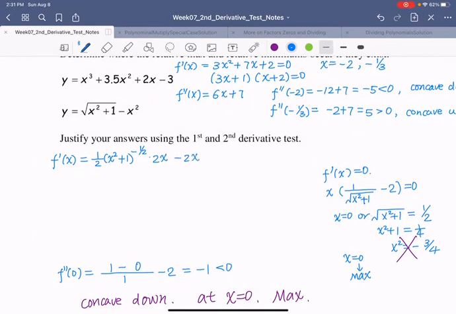This 2 and 2 cancel, so we can rewrite this as x over the square root of x squared plus 1, and then minus 2x, correct? And we want to make this equal to 0, correct?